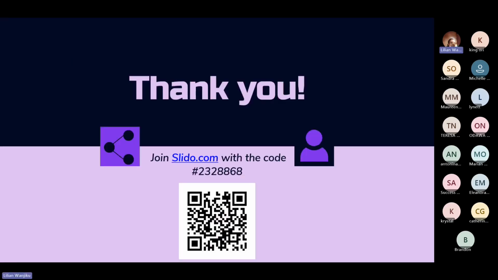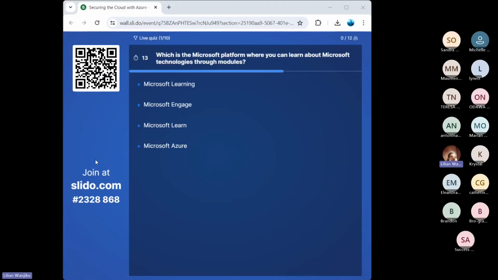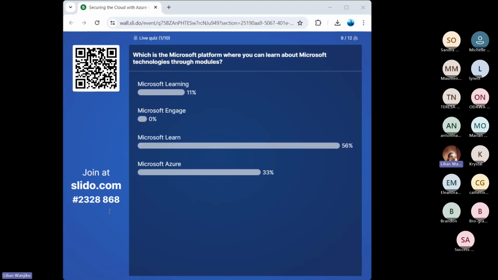Now we have the slide challenge. Which Microsoft platform have we been using for the challenges to learn more about Microsoft? A number of us selected Microsoft Learn, which is a good detail because Microsoft Azure is usually for the cloud services that we're looking for.